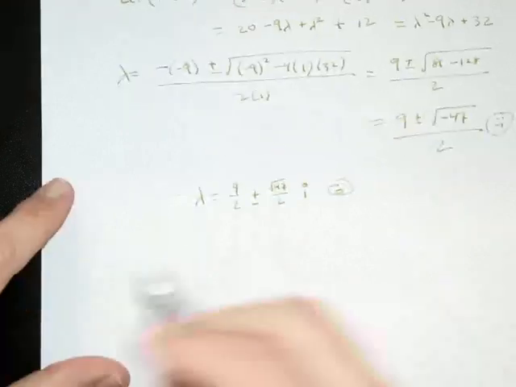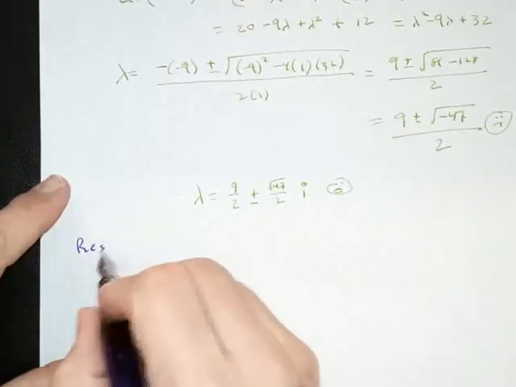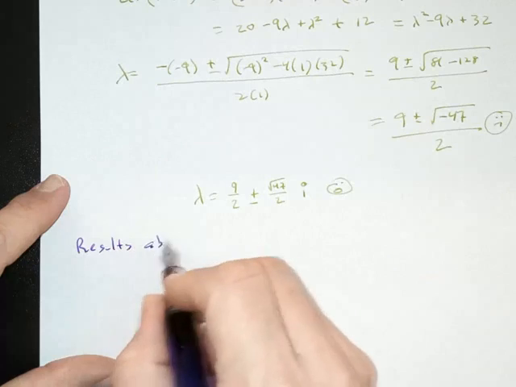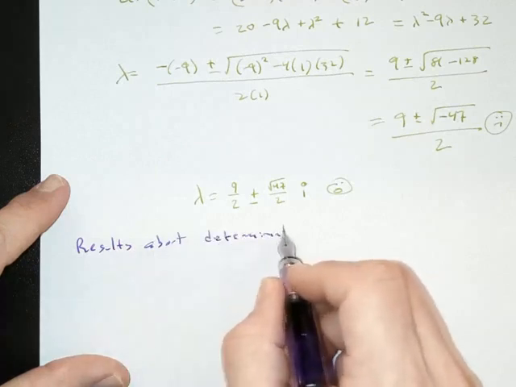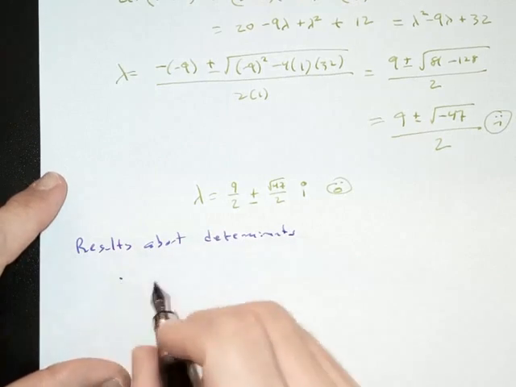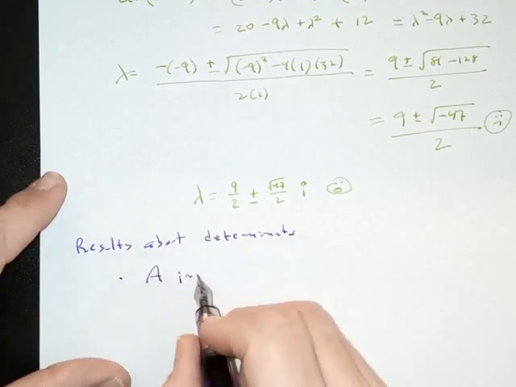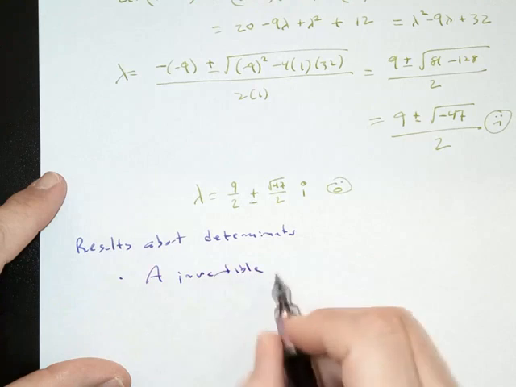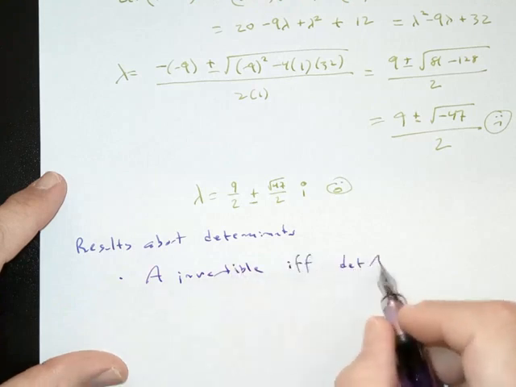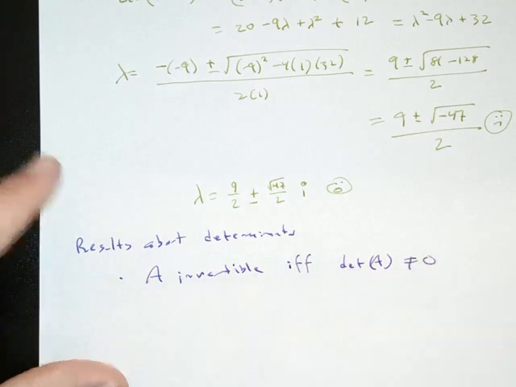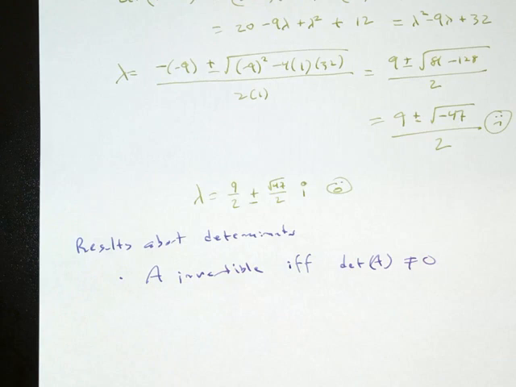Okay. We have had before a singular matrix has a determinant of 0, an invertible matrix has a determinant that's not 0.